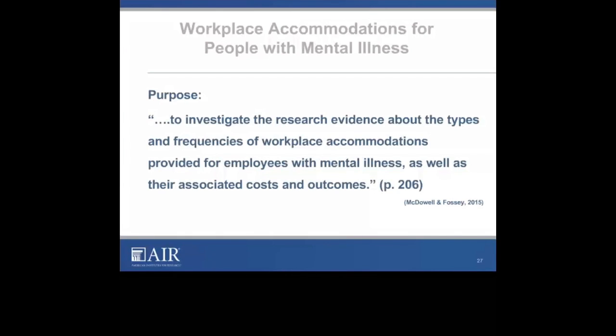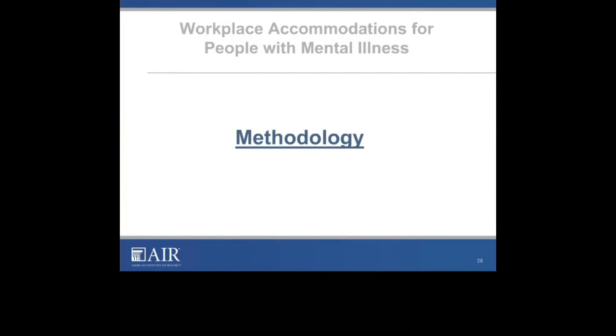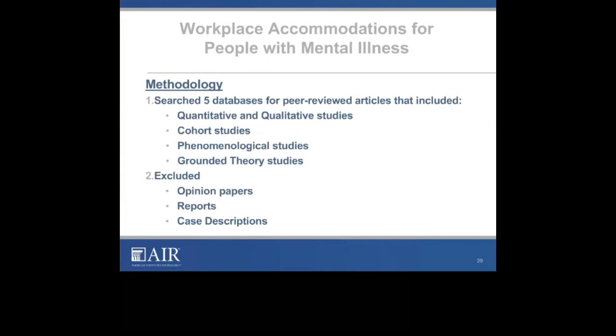So this is not looking at other areas that might well be related to workplace accommodations. They're looking at types and frequencies. And their summary, if you please, of the literature is focused on those things. The methodology that was used is fairly typical.